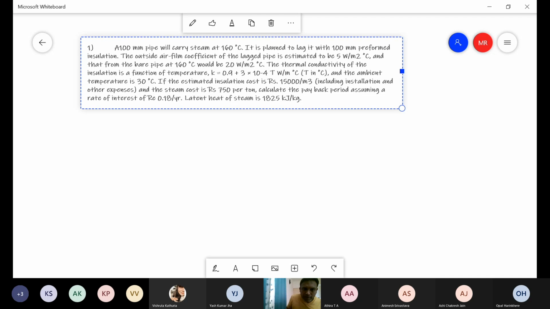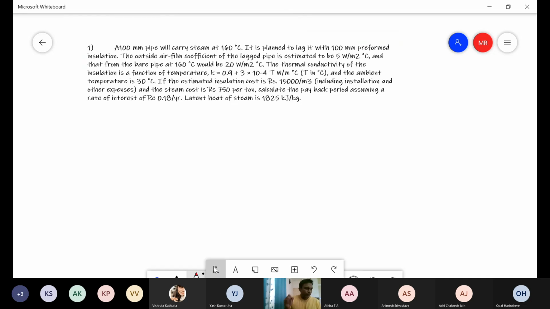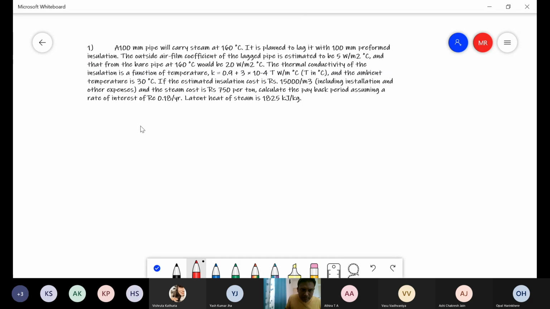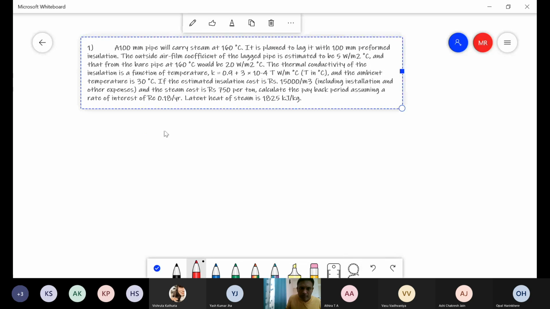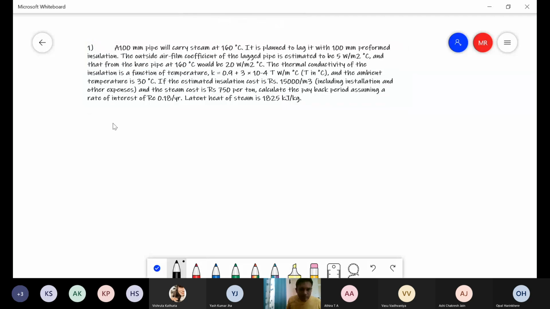Let me just write down. K is given here, thermal conductivity, as 0.9 plus 3 into 10 raised to the power minus 4 into T watt per meter degree Celsius.